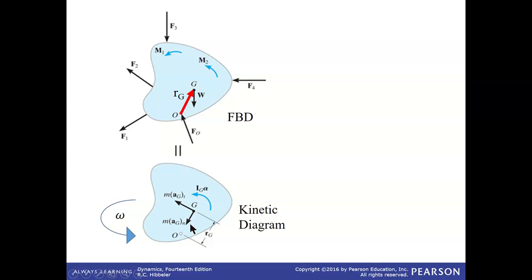Now in this kinetic diagram we indicate the two components of acceleration because we use normal tangent coordinate system, where tangential axis is tangent to the path followed by mass center, and normal axis always points towards the axis of rotation, which is O in this case.